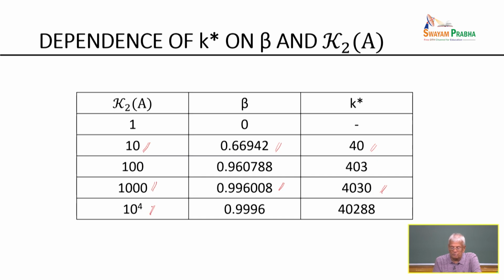If kappa is 10 to the power of 4, beta is 0.996, I need more than 40,000 iterations. So, this essentially tries to quantify the dependence of beta and k star for a given d. What is d? So, in these cases I am trying to fix d. D generally is 6 decimal accuracy in single precision arithmetic.